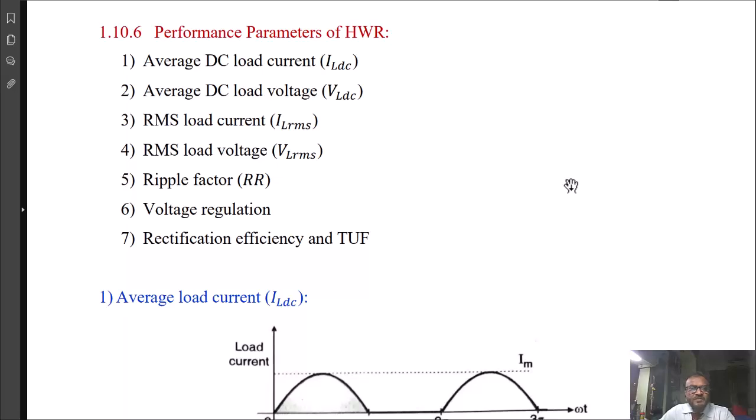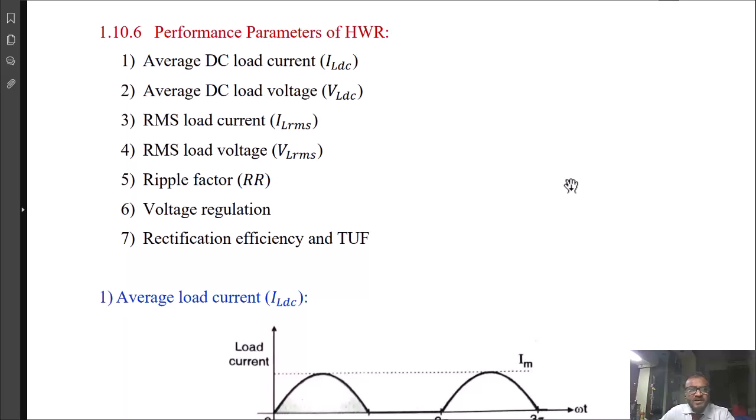The half wave rectifier is evaluated by deriving various circuit parameters. Some of the parameters are listed here. First is the average DC load current, denoted by ILDC. The second is the average DC load voltage VLDC.